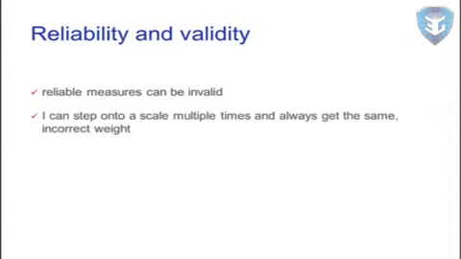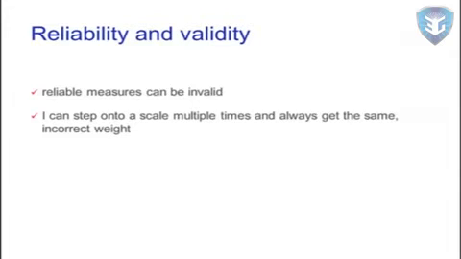Before wrapping up this presentation, I want to note one more thing about reliability and validity, specifically regarding the relationship between these two standards for assessing the accuracy and error of measures. Note that reliable measures can be invalid. For example, I can step onto a scale multiple times and always get the same weight.